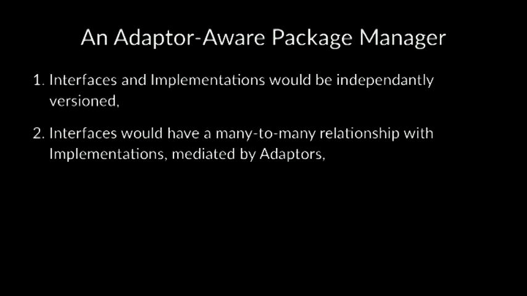So we know that version 57 can work with clients that are expecting version 2.x of the interface or version 3 of the interface. Perhaps version 55 of the implementation only talks to version 2 of the interface. And that way, clients could specify what interface they require and what implementations they would like to have, separately and independently of each other.